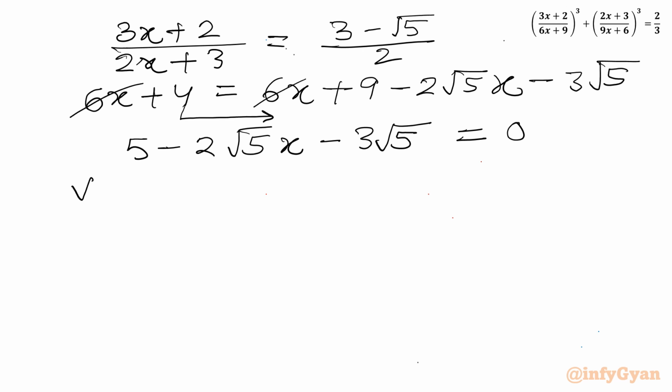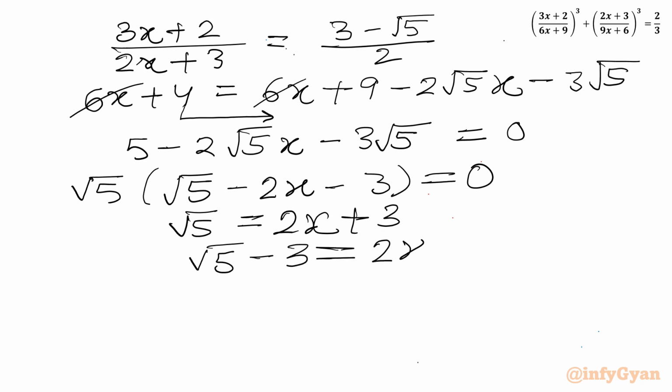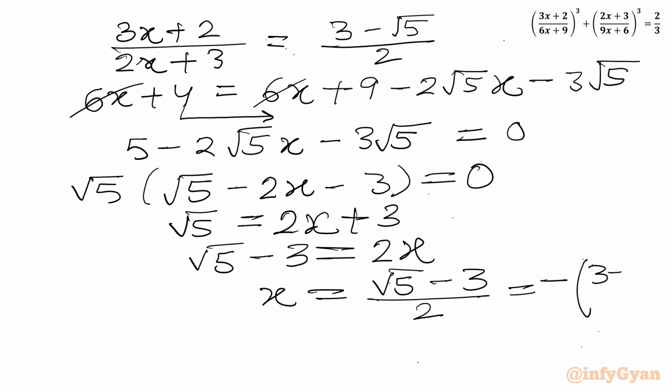Now let us take root 5 common out. So I will have root 5 times (root 5 minus 2x minus 3) equal to 0. So I can write from here root 5 will be equal to 2x plus 3, or root 5 minus 3 will be equal to 2x, or x is equal to root 5 minus 3 divided by 2, or minus of in bracket 3 minus root 5 over 2.